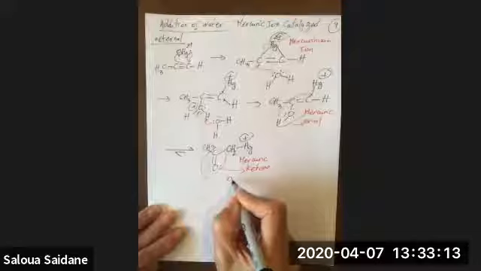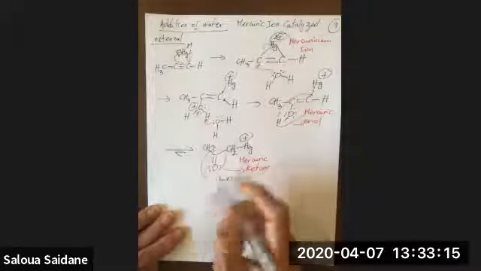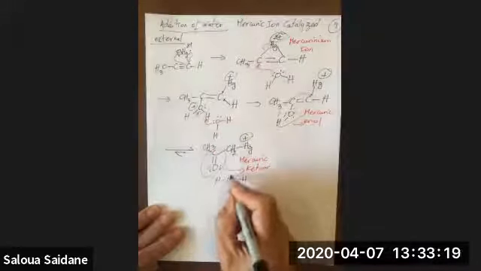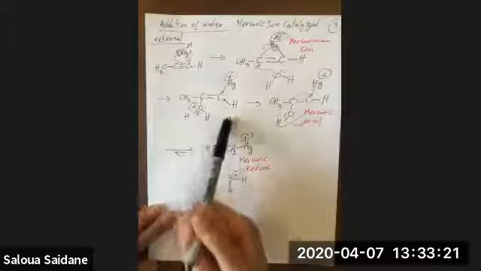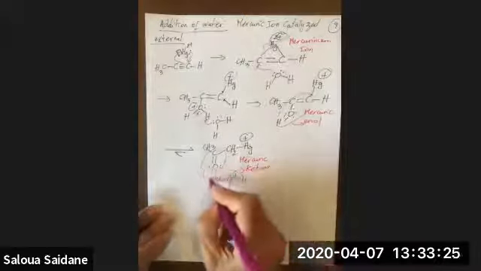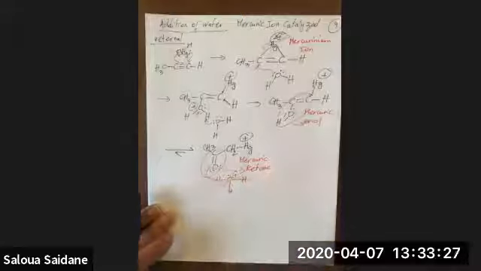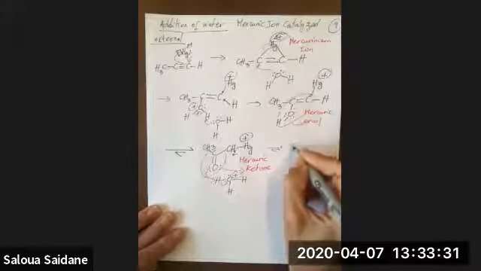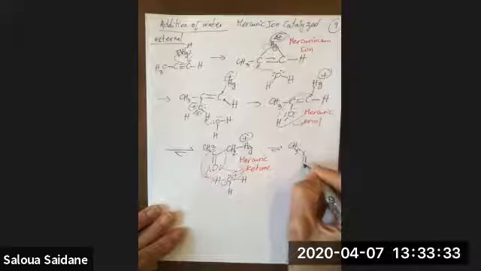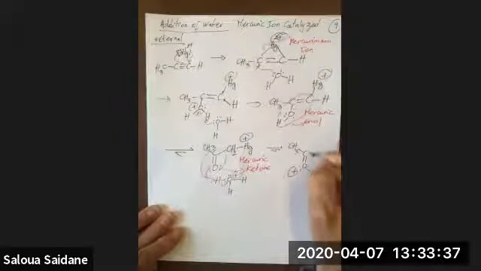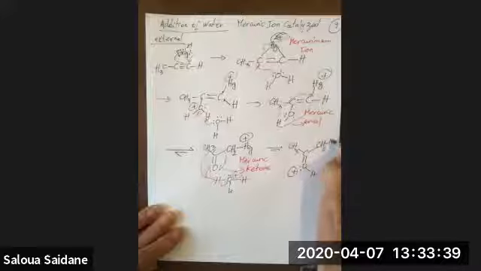Because here it's H3O plus, or the acid, because that's the product of this step. So this takes the H, this opens, and we're going to have CH3, C, OH, plus CH2Hg plus.